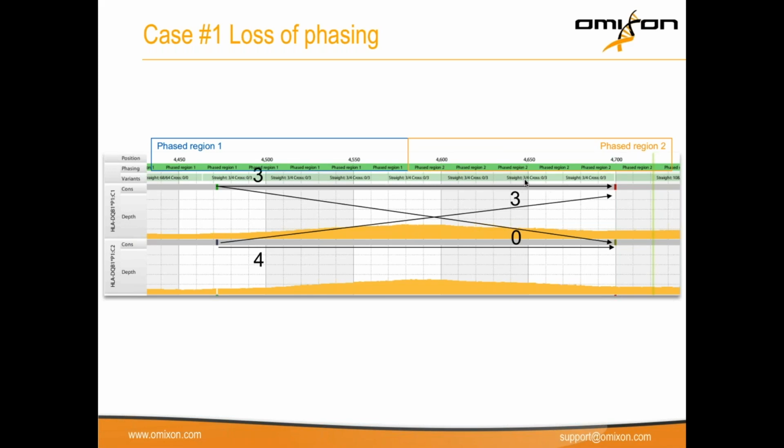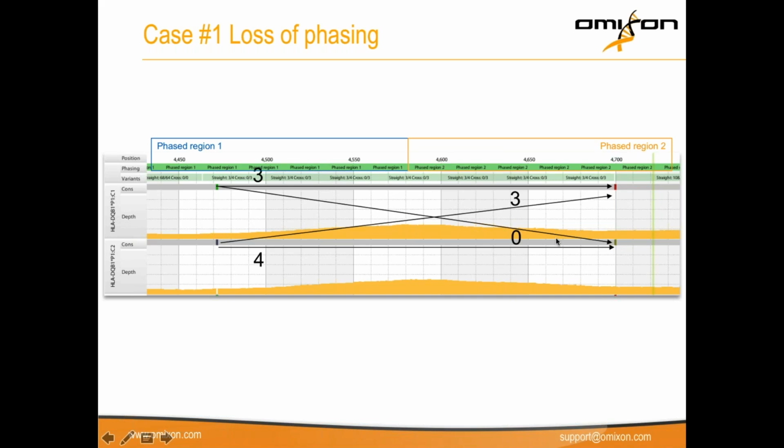When zooming into the phase break, we can see some numbers in the variant track here, straight and cross. What does it mean? Straight numbers mean that there are 3 reads having this T nucleotide on the same chromosome as this A nucleotide, and there are 4 reads having this deletion on the same chromosome as this G nucleotide.